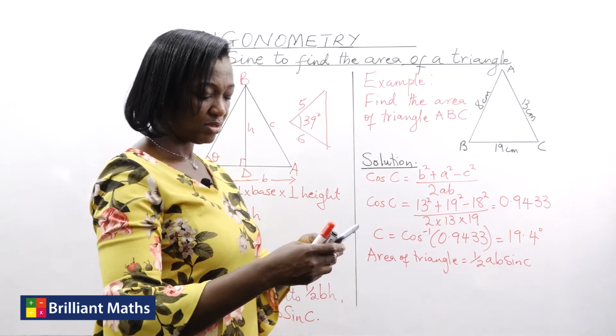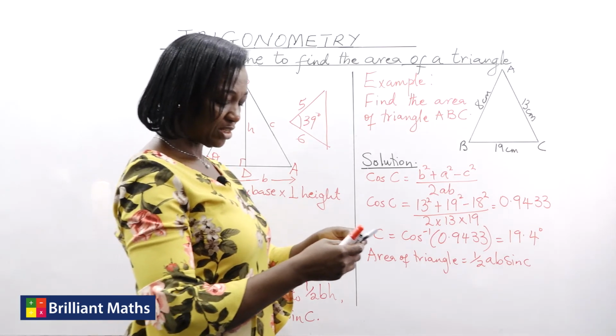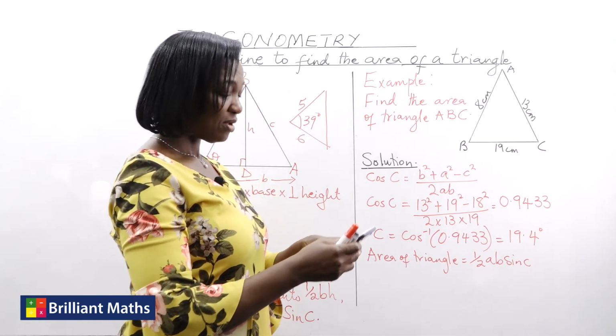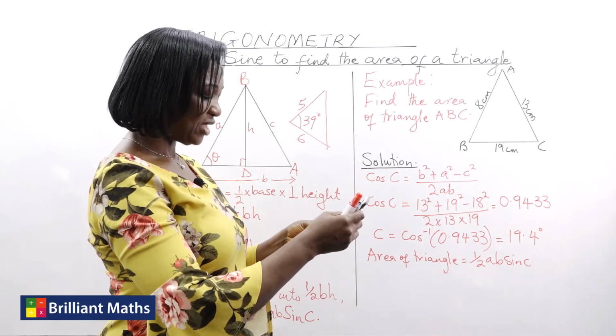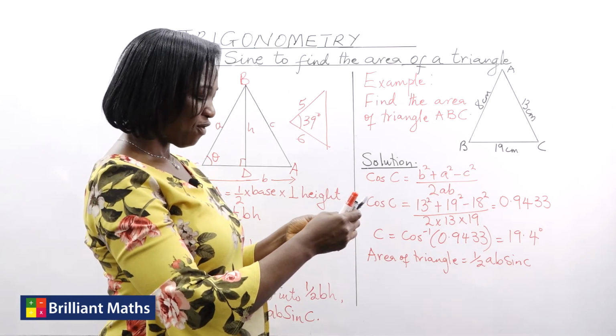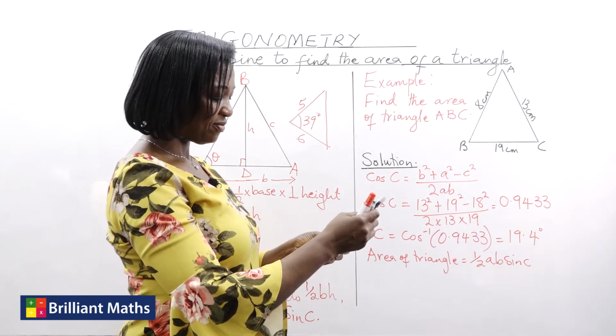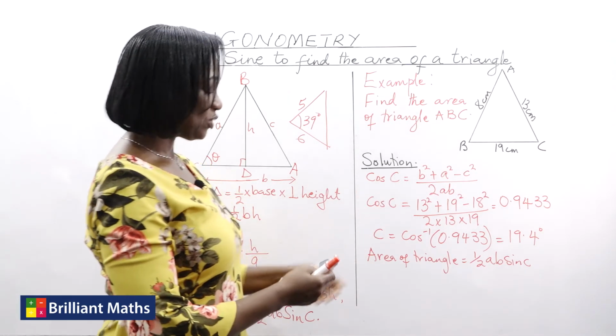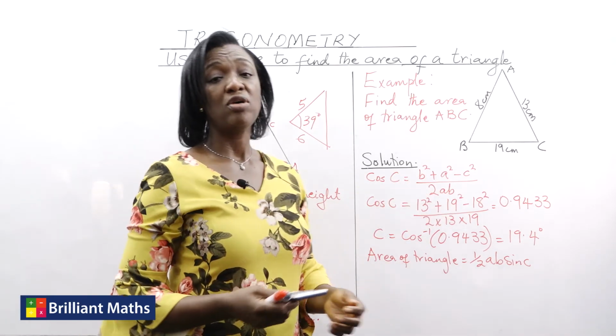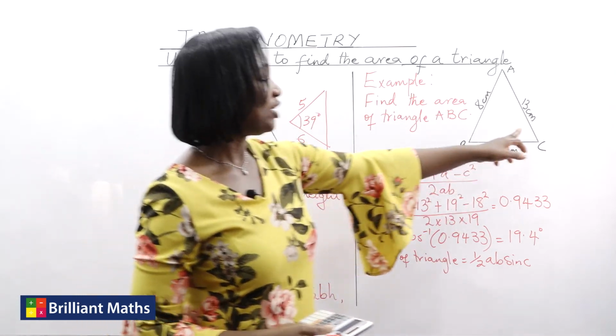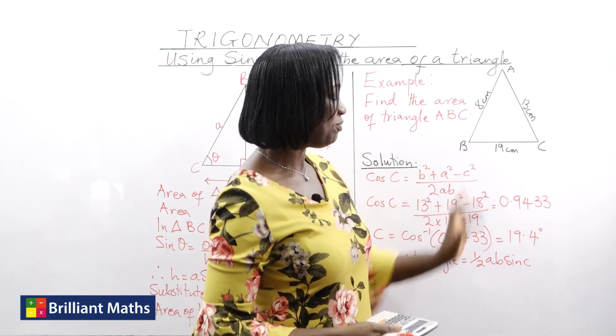Try that out. Cos inverse is the second function of 0.9433. And what do we have? It's equal to 19.4 degrees. So the included angle here is 19.4 degrees.